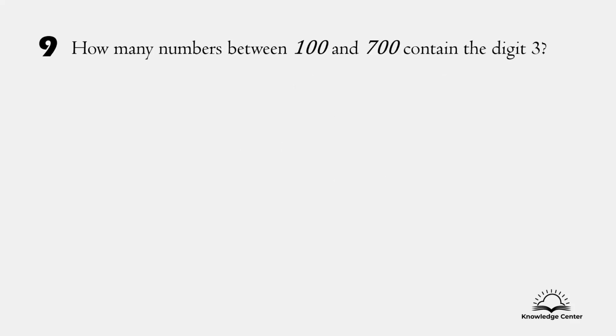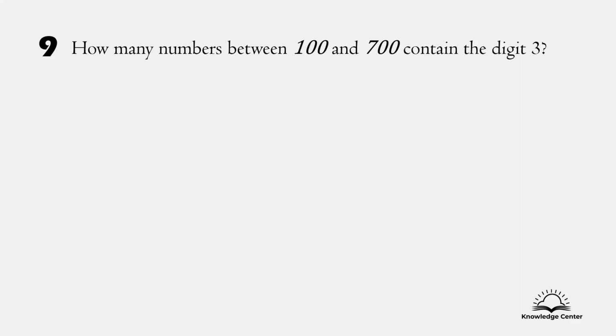We then arrive at this final problem, where we're supposed to count the numbers between 100 and 700 that contain the digit 3. Personally, this is one of my favorites from the STEM paper, because it just looks so simple. Again, I love the thinking that goes behind solving the problem.